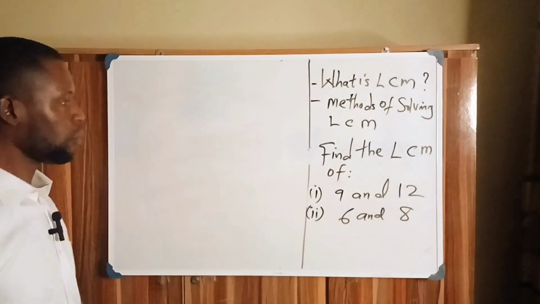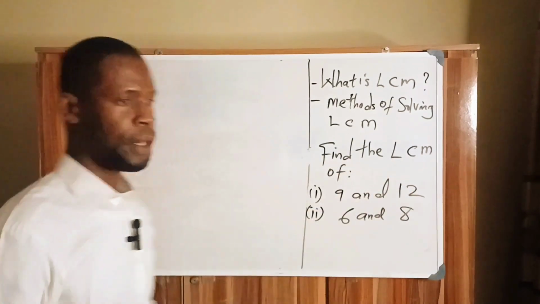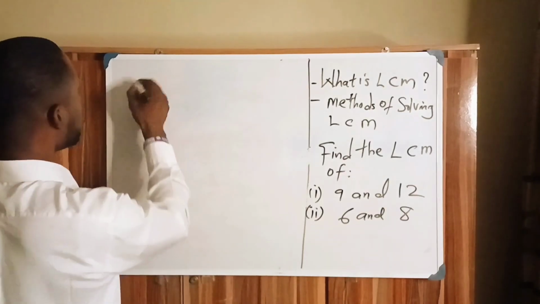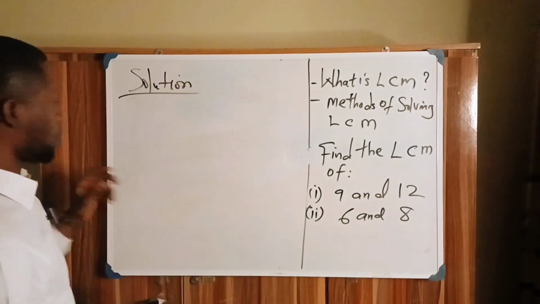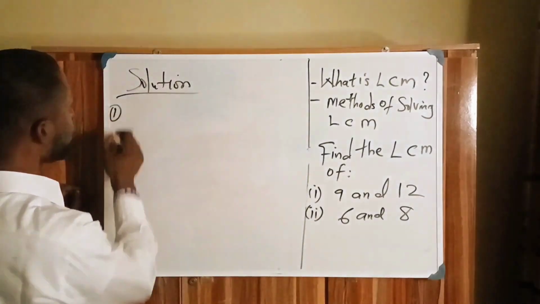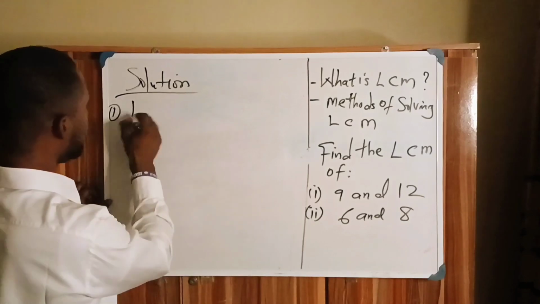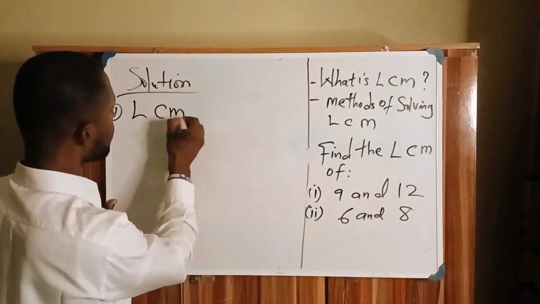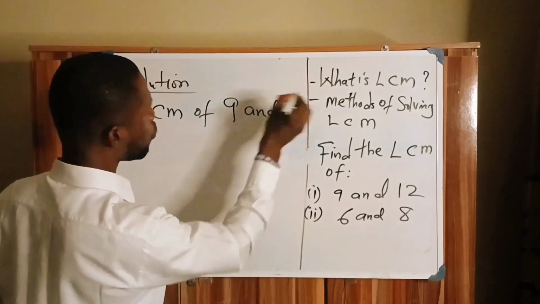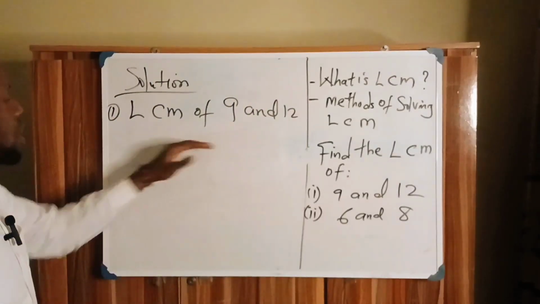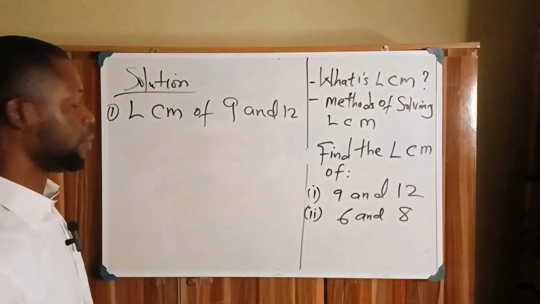So let's move to this. Find the LCM of 9 and 12. That's the solution. We are solving question 1, which is the LCM of 9 and 12. Like I told us, we are going to be using the division method.